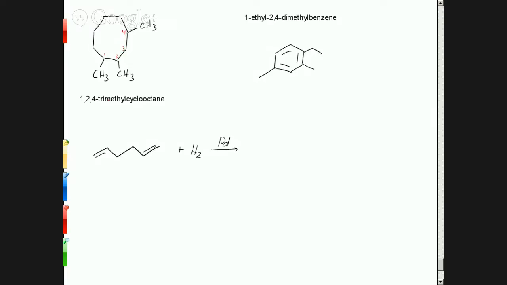Is that what you're saying? Yeah. So the product of that is just this. This is C6H10, and this is C6H14, if we count it out. So we've added, actually, in this case, 2 molecules of hydrogen.